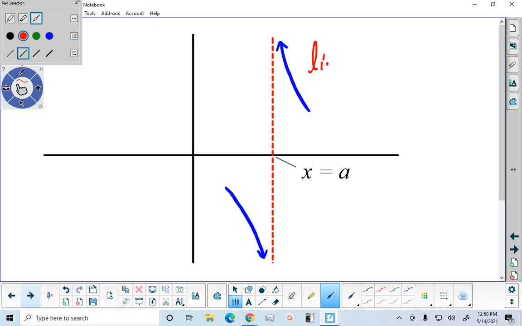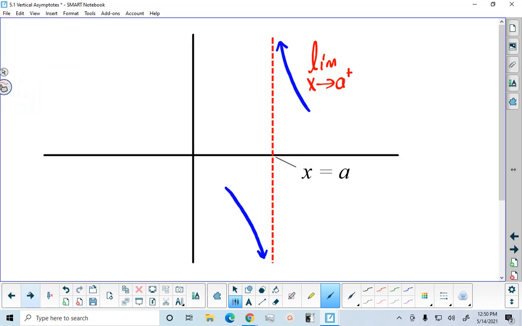The limit as x approaches a from the right, which is the blue portion on the right of the asymptote, of the function, is positive infinity. The function is getting bigger and bigger and bigger as we get closer and closer to x equals a from the right.